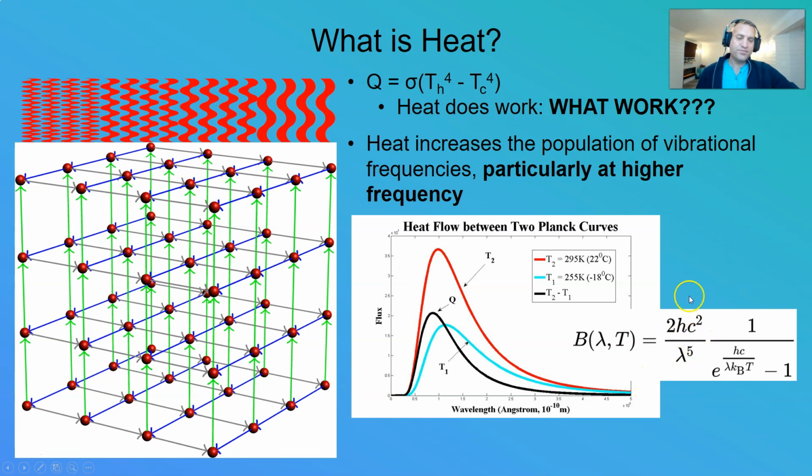So this formula is actually the starting point of quantum mechanics, to solve this curve. It describes the glow from a metal bar. That's what these curves represent.